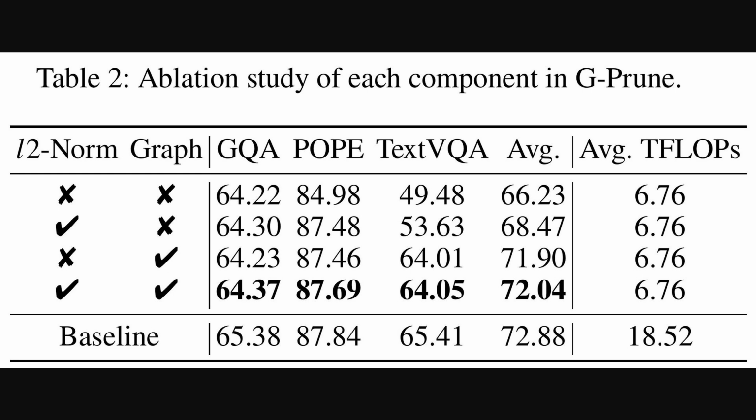You can see using both components, which is the full gprune method, gives the best average score of 72.04. That's super close to the baseline average of 72.88, but with significantly fewer TFLOPs. This really confirms that both the L2 norm initialization and especially that graph propagation step are contributing to its success.